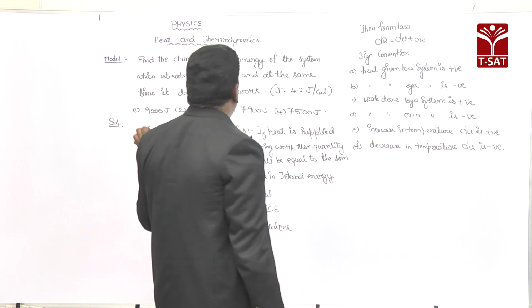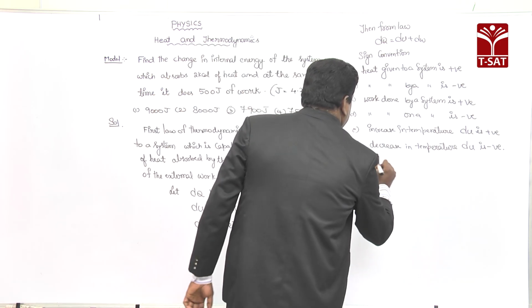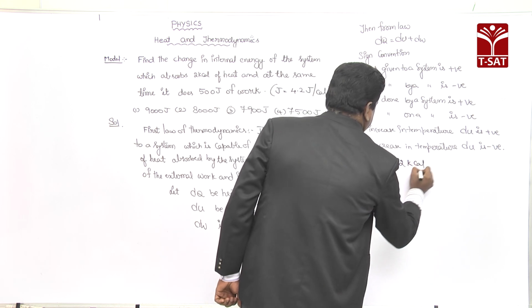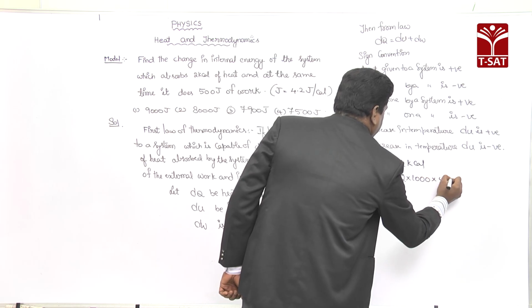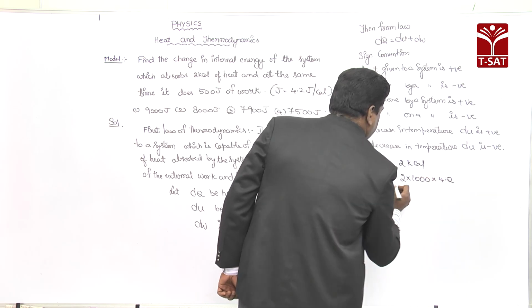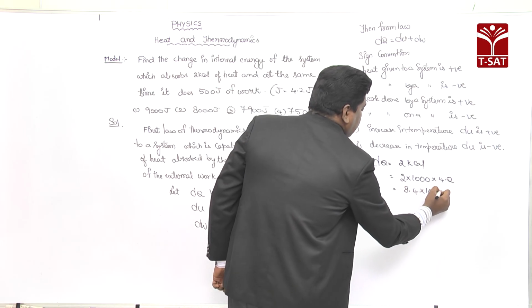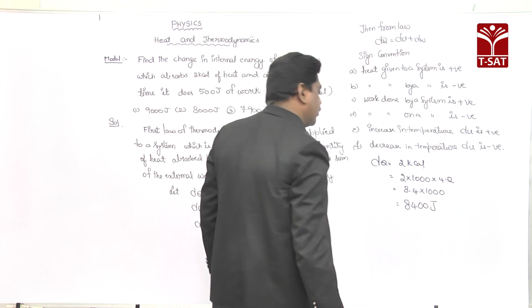Okay. In the problem, we are given dq is equals to 2 kilocalories, which I can write as 2 into 1000 into 4.2, which is equals to 8.4 into 1000, nothing but 8400 joules.